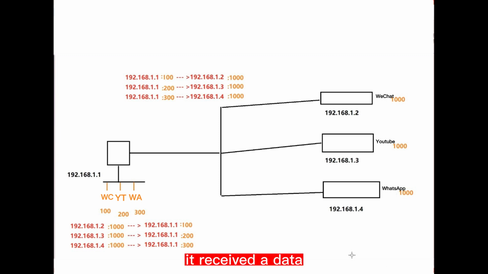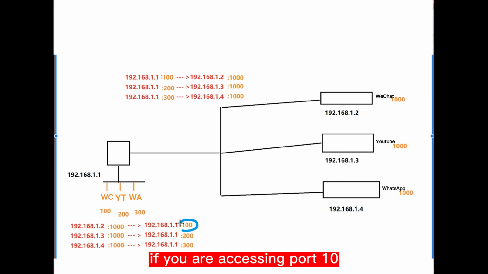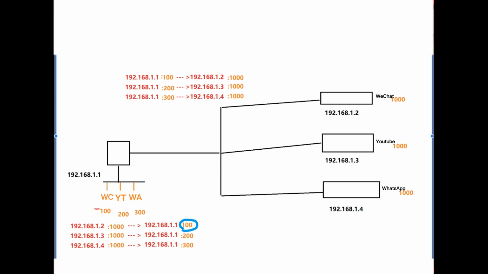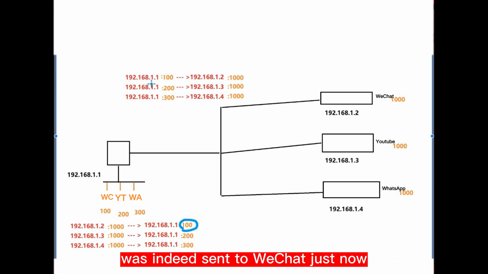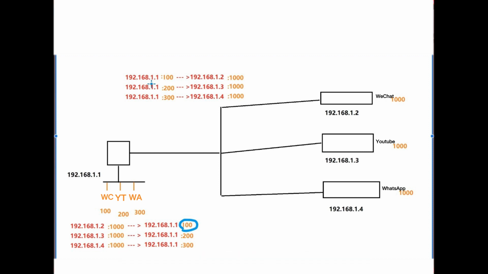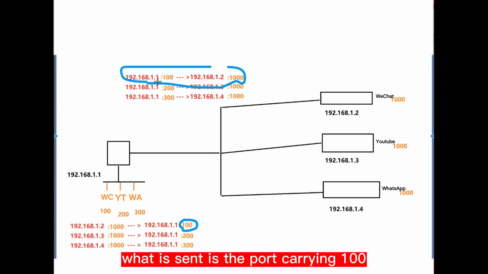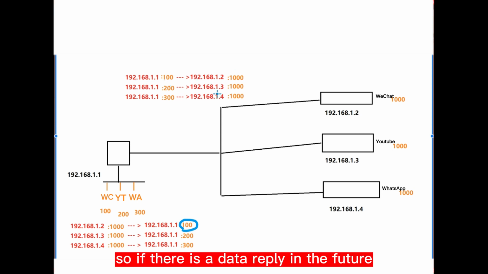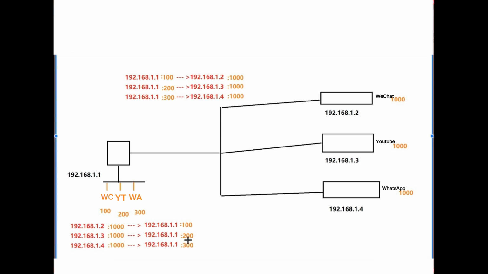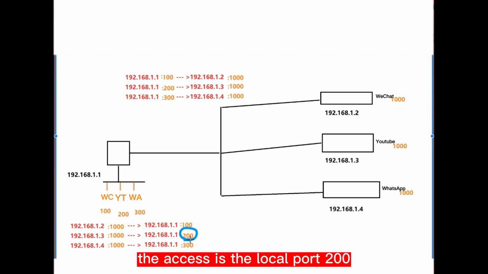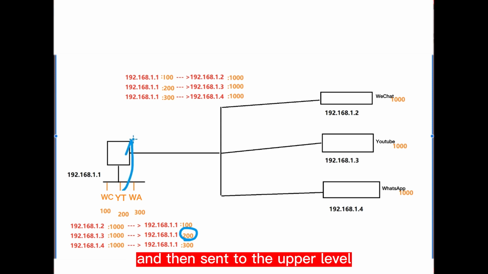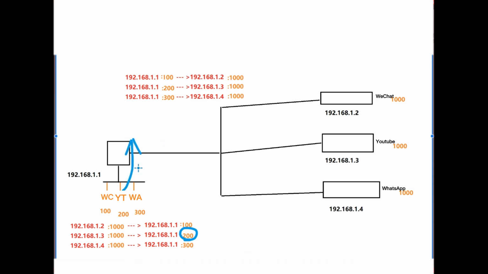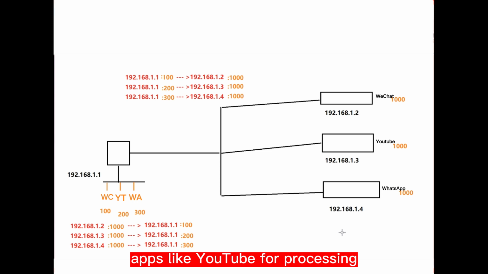When it receives data accessing port 100 of the current device, it knows that it is WeChat data, the data that was indeed sent to WeChat just now. If there is a data reply accessing the local port 200, it knows that this is YouTube data, and sends it to the upper level, to apps like YouTube, for processing.